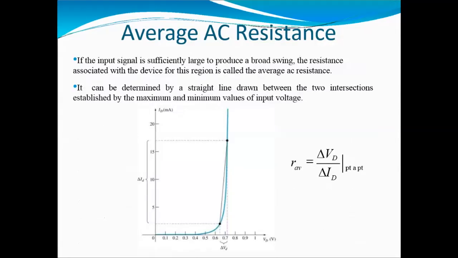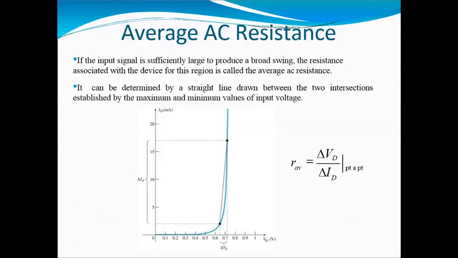Average AC resistance. If the input signal is sufficiently large to produce a broad swing, the resistance associated with the device for this region is called the average AC resistance. It can be determined by a straight line drawn between the two intersections established by the maximum and minimum values of the input voltage.